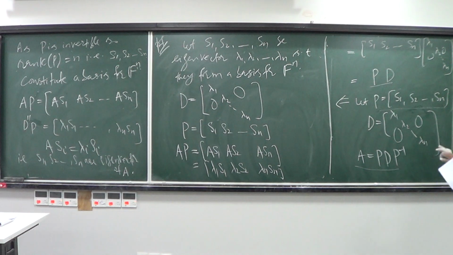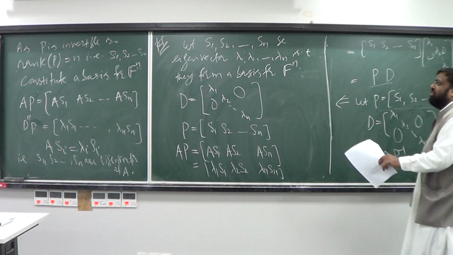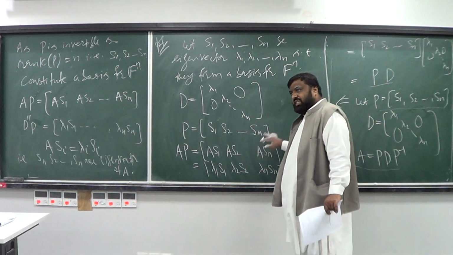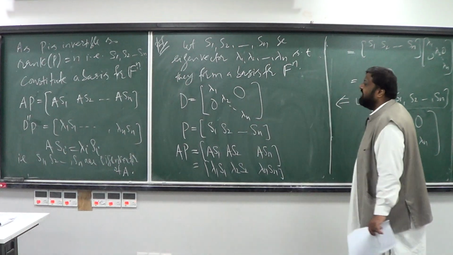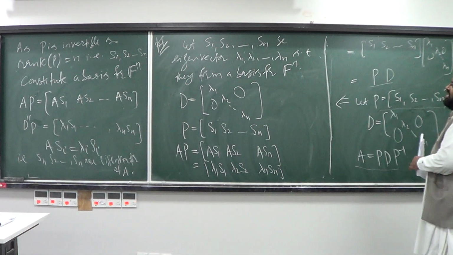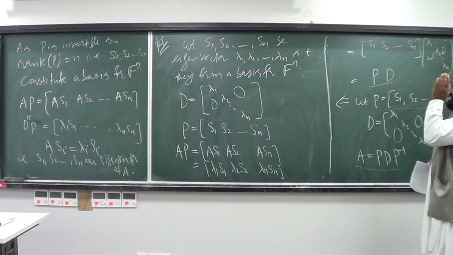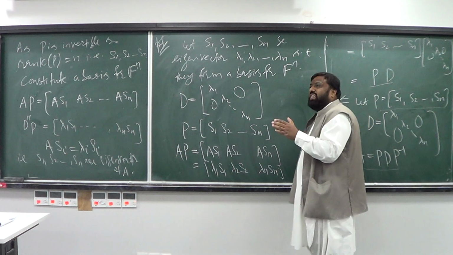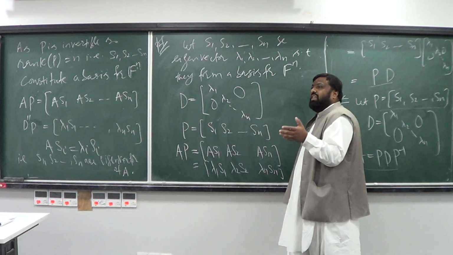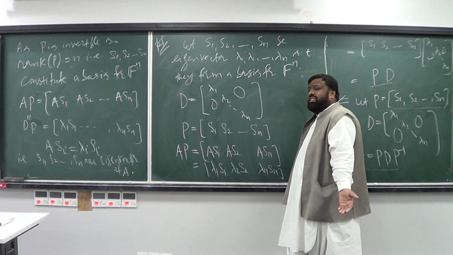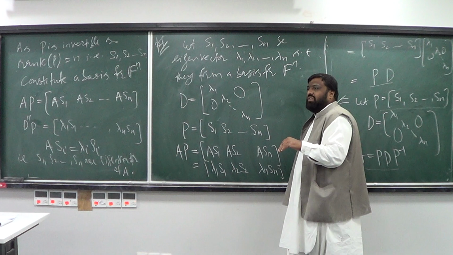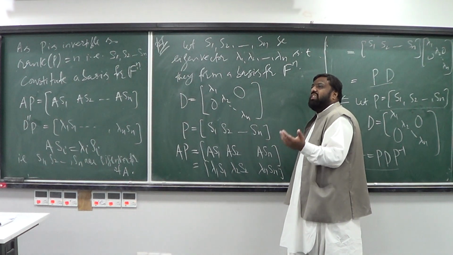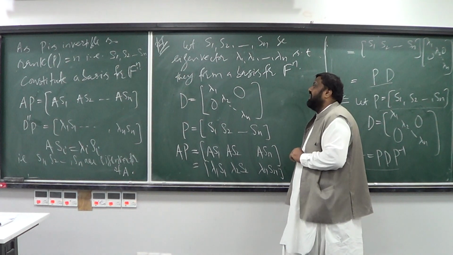If you keep this basic result in mind, we proved the previous lemmas so that we can reach this result, which tells you that a square matrix is similar to a diagonal matrix if its eigenvectors form a basis for Fn.